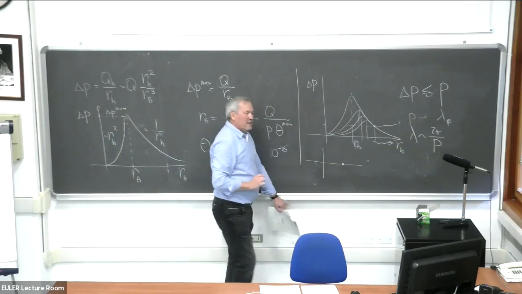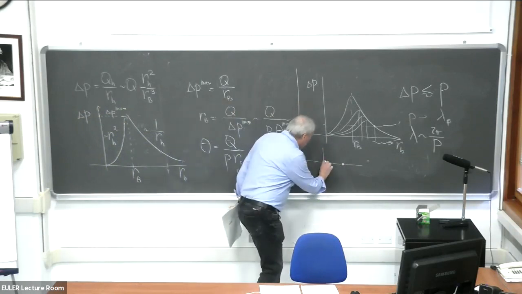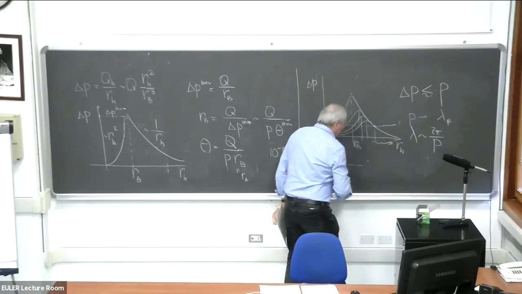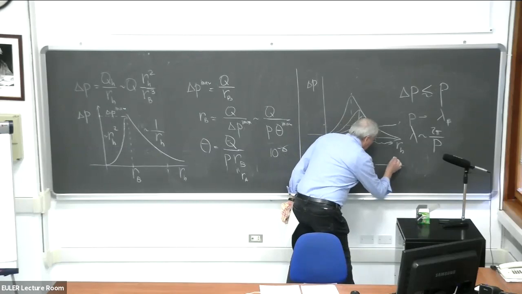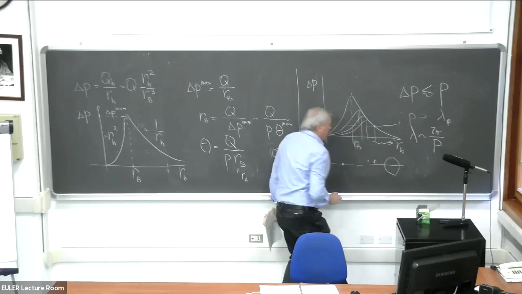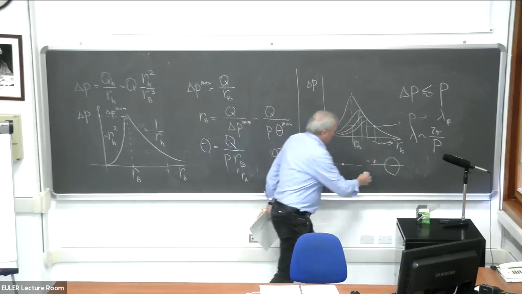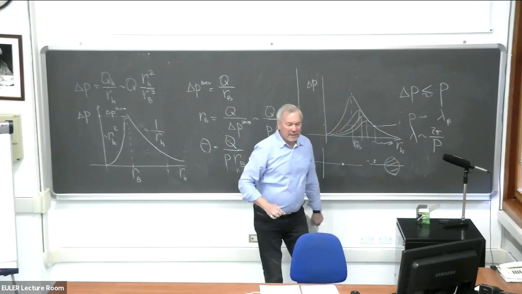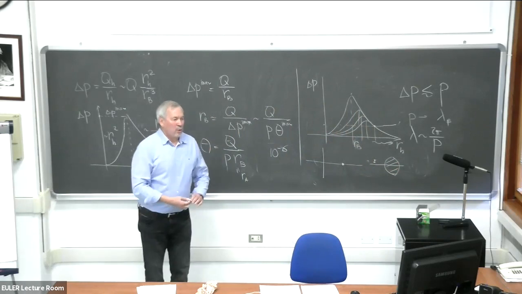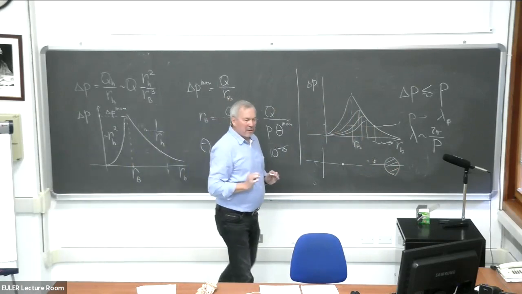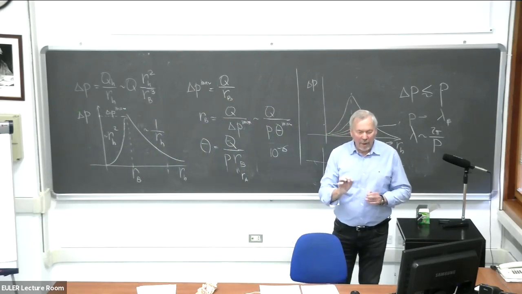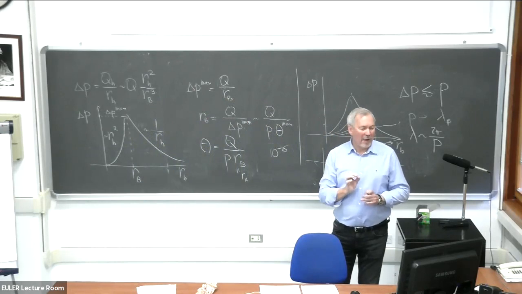To be sensitive to the structure of this object, we need very small de Broglie waves, so we need to have big momentum. We need the situation when the object is like this, and the de Broglie wave is smaller than the size of the object. In this case, we can probe the structure. This is similar to a microscope. To see small structures of the object we are exploring, you need a microscope with very small wavelengths.